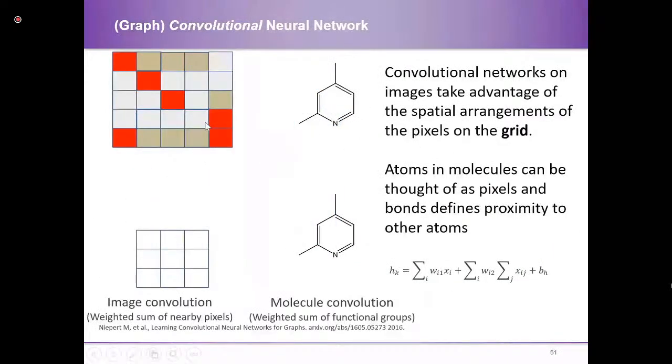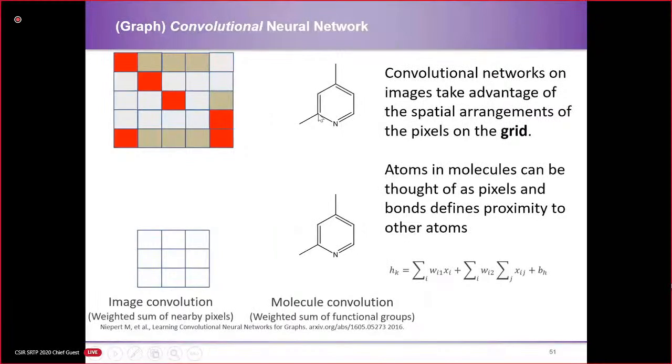Right. So the convolution you can do on a molecule, because molecules are represented as a graph. Each atom is connected to neighboring atoms. It is a graph. If you have to do convolution for an atom, you have to do graph convolution. You have to do graph convolution for a molecule to get the information from the neighboring atoms. Probably that answers the question.